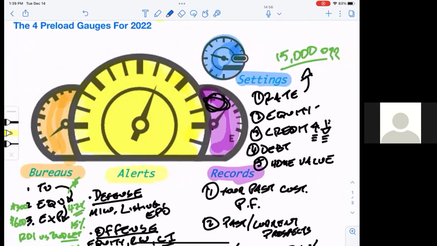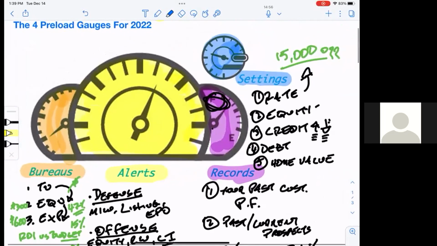Again, the key is to preload 2022 now so that you can eliminate planning during opportunity time and bring the opportunities to your production team, keep the LOs fed and keep the revenue coming in. Again, follow these 4 gauges, ladies and gentlemen, at least quarterly. Check in on these every single quarter, and you will get to the promised land, right?